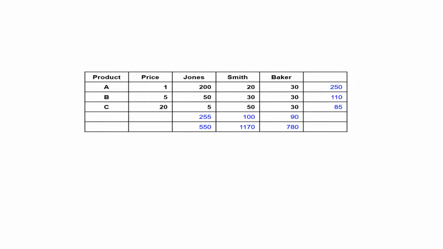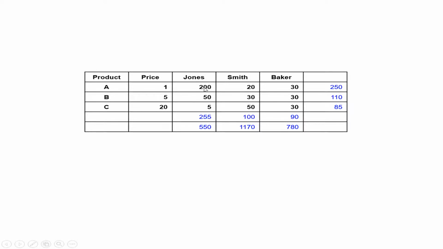This is another example. It shows a table of 3 people in a market selling certain products, A, B, and C. And for each product there is a price, and we are calculating how many items Mr. Jones is selling and the price of these items.